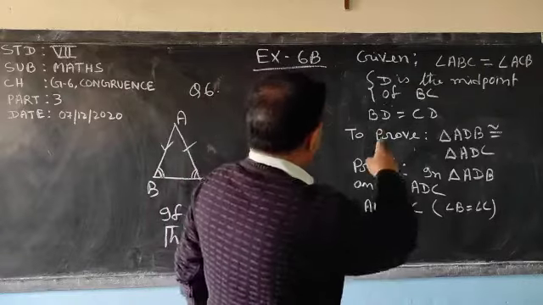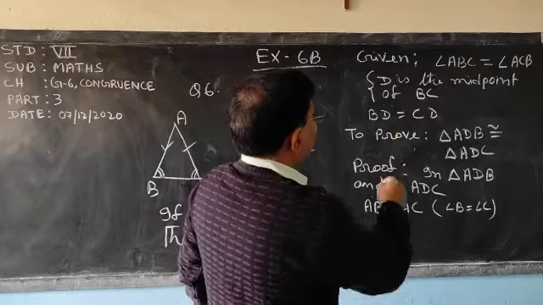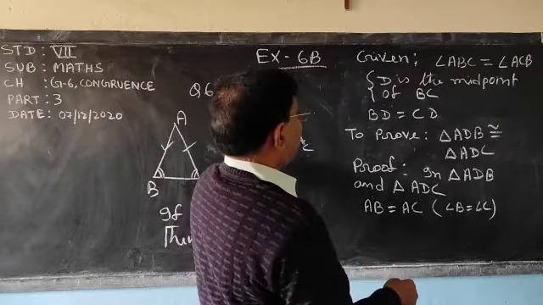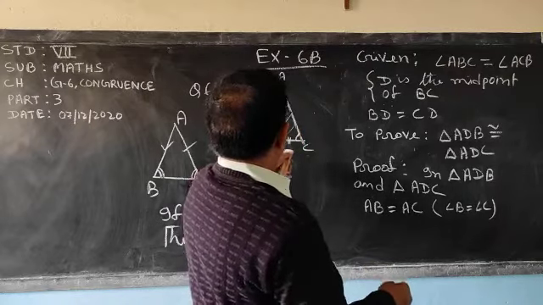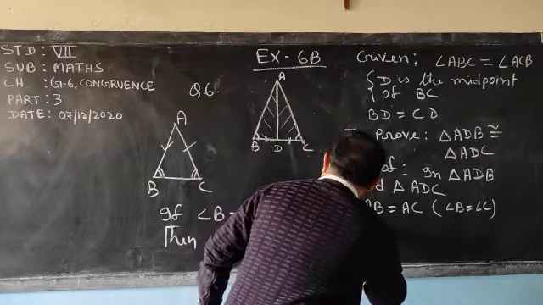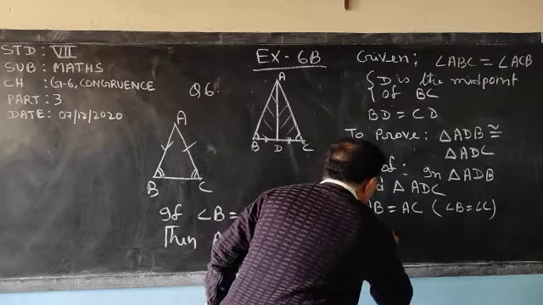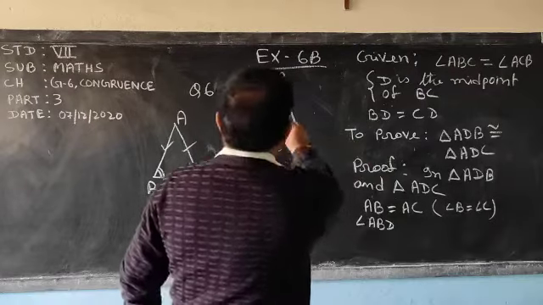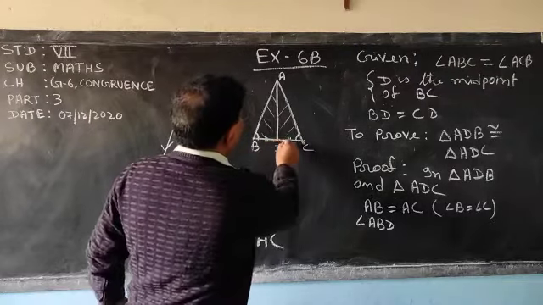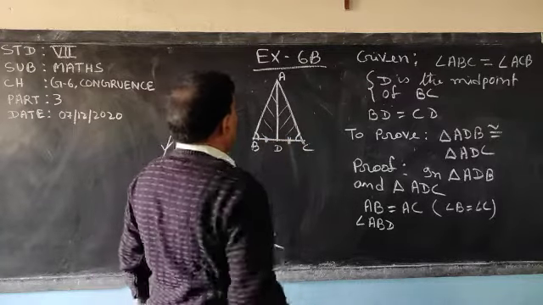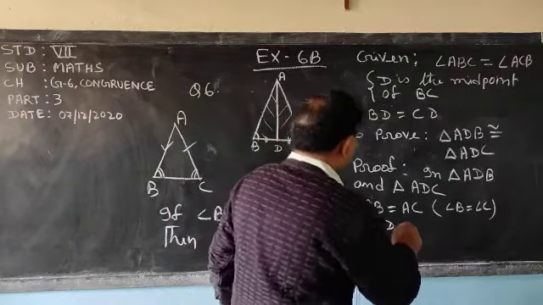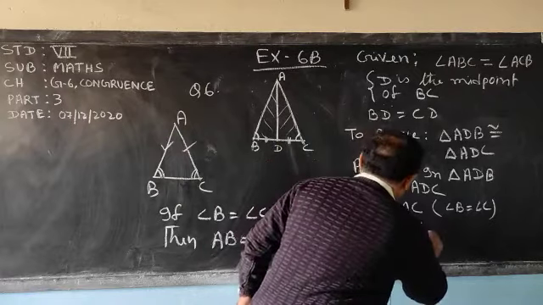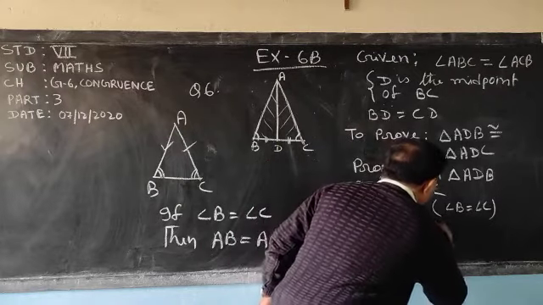Angle ABC is equal to ACB. So in short you can write angle ABD, because ABD is a part of ABC, is equal to angle ACD.